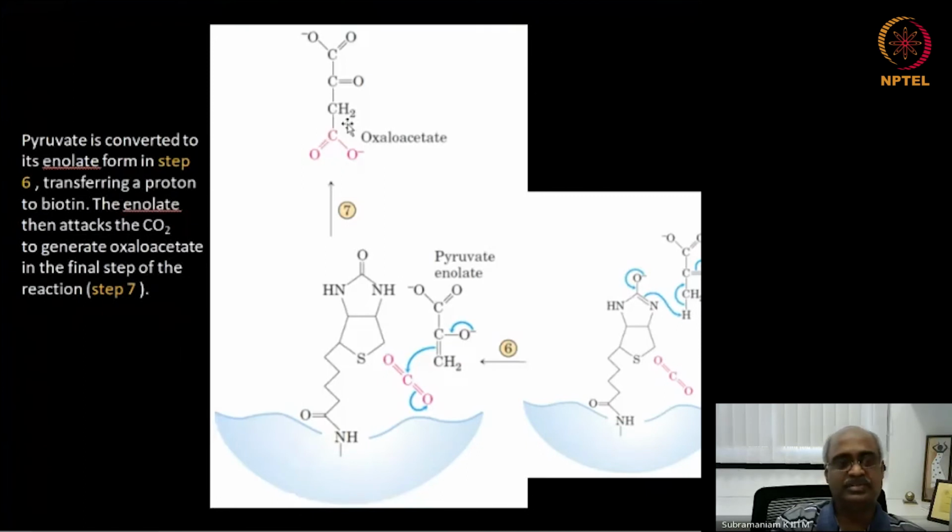Remember, this is the aspartic acid side chain. This double bond O, if through transamination becomes CHNH2, this is aspartic acid. So you get the oxaloacetate, and the enzyme is back. So this is the role of biotin in carrying one carbon from one active site to another active site. So this is the pyruvate carboxylase reaction mechanism.